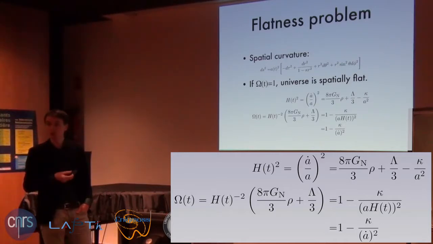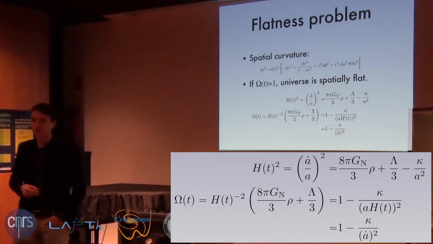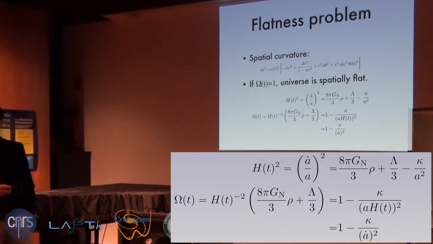So the expansion will become a collapse and the universe will collapse at some point in time. If kappa is equal to 1, this collapse will happen very soon and we will have never seen the light of day and we will never be able to observe the universe the way it is. So the curvature cannot be too large and closed.